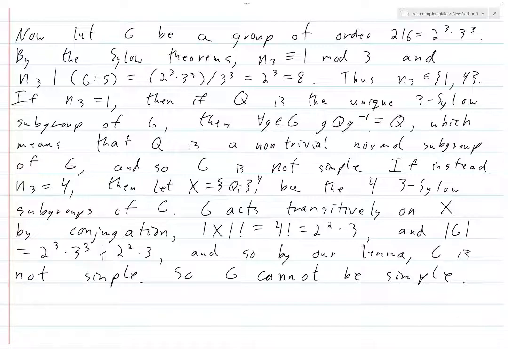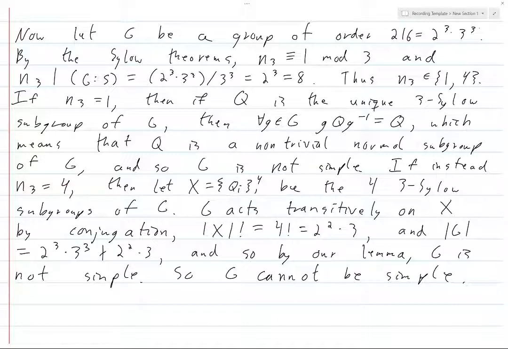But a lot of times, if the numbers work out for you, particularly using these two things, np is equivalent to 1 mod p, and np dividing all of the other factors that don't involve p, if they get you that np must be equal to 1, then you've automatically got a normal subgroup. And that's a powerful thing.